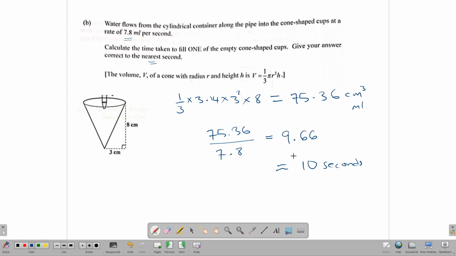So it will take approximately 10 seconds to fill the cone-shaped cup. So what we do is that we find the volume, and once we found the volume, we use this to work out the time.